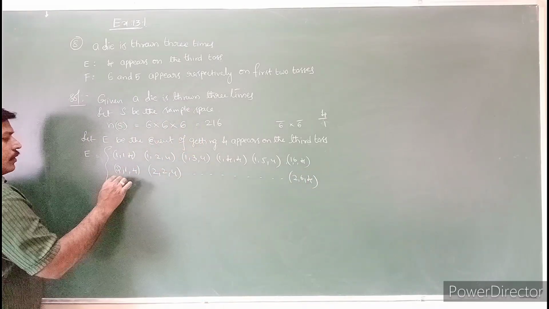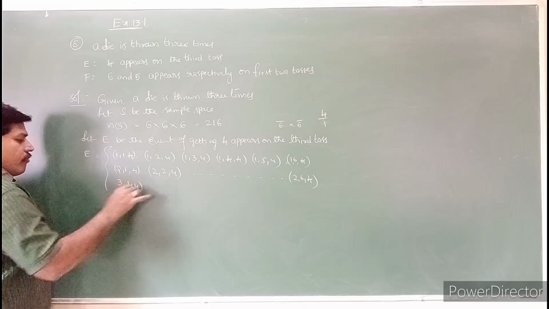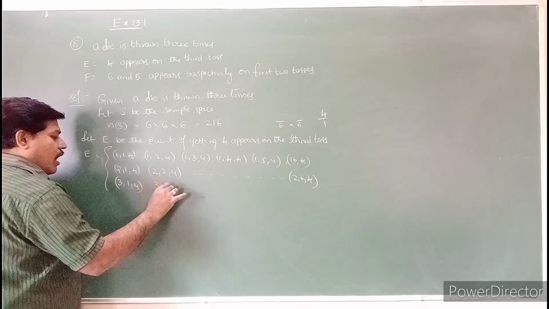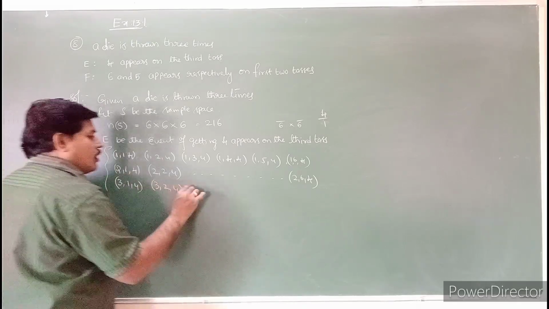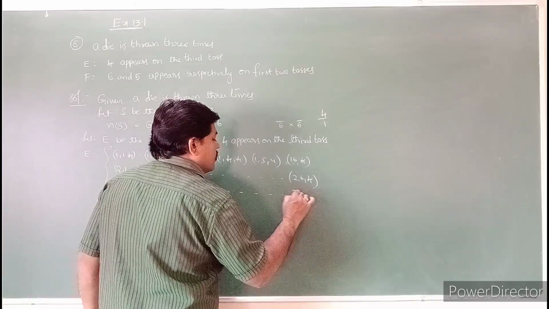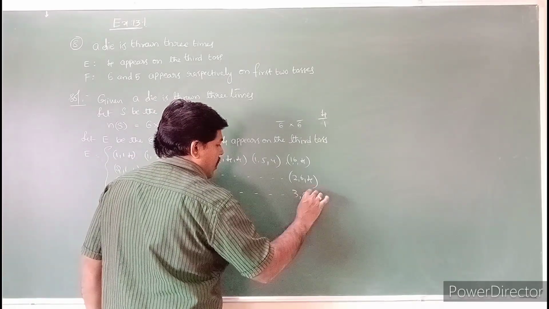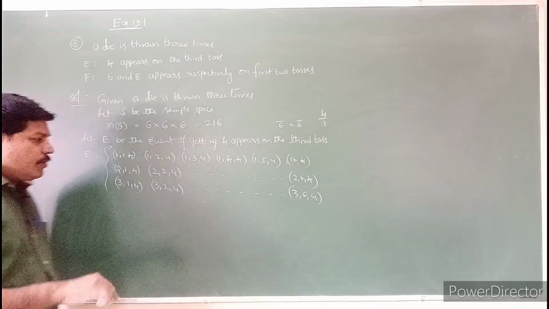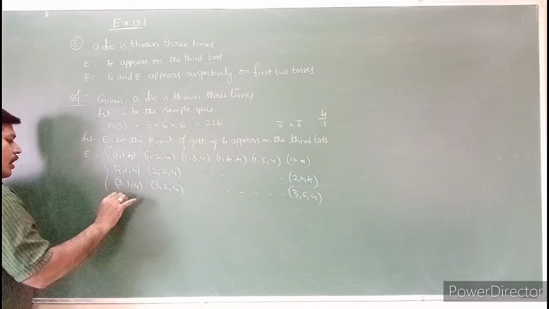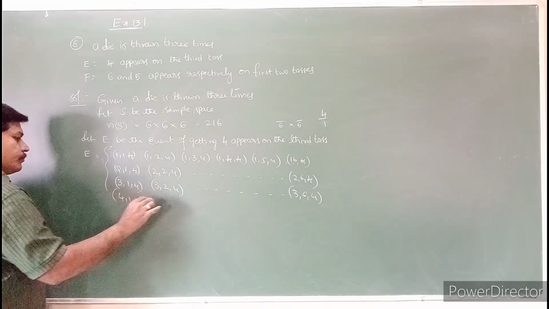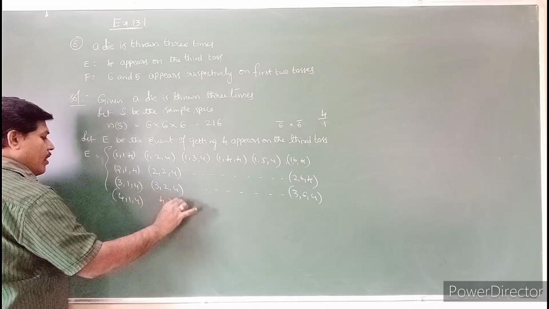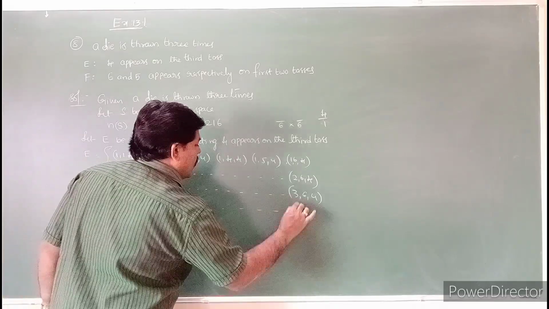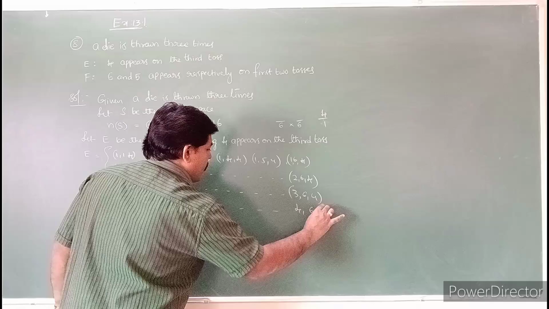Next 3 comma 1 comma 4, 3 comma 2 comma 4 and so on up to 3 comma 6 comma 4. Similarly 4 comma 1 comma 4, 4 comma 2 comma 4 and so on up to 4 comma 6 comma 4.